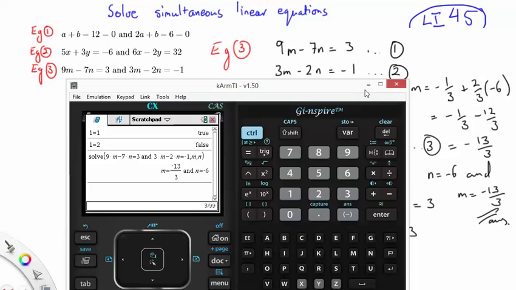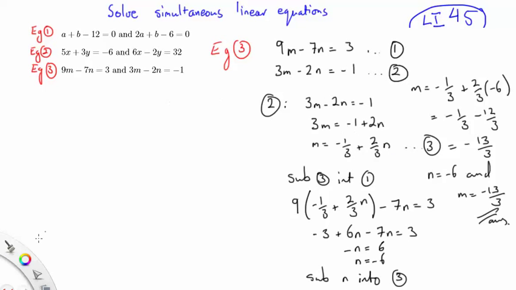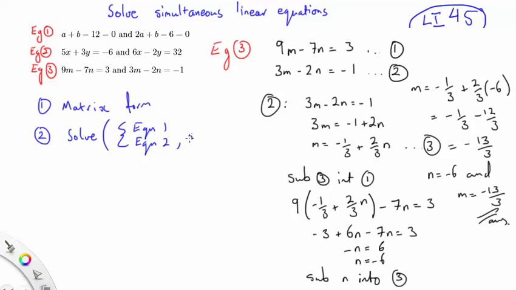So let's do a quick recap of the CAS functions that we've learned. So the first one was the matrix form. The second one was solve with the curly brace, equation 1, equation 2, variable 1, variable 2. The third one was solve except with AND. And I'll write AND as it is with AND.